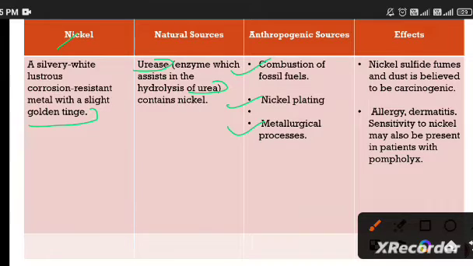Some effects of nickel are: first, nickel sulfide fumes and dust is believed to be carcinogenic. Second, it causes allergy, dermatitis, and the sensitivity to nickel may also be present in patients with palm follicles.